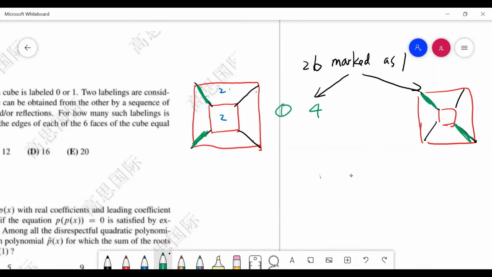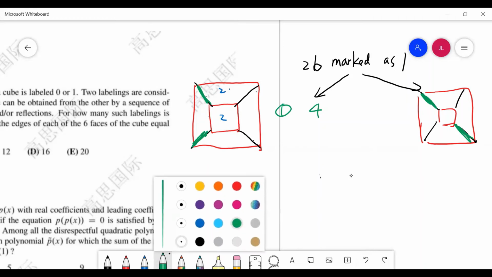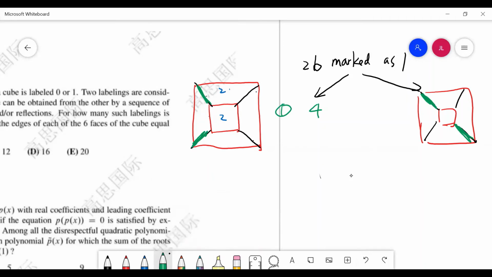So after we do that, we're gonna find out what to do for the next few edges. Once we do that, we cannot label here, we cannot label here. So that means we got to label here. We got to label here.